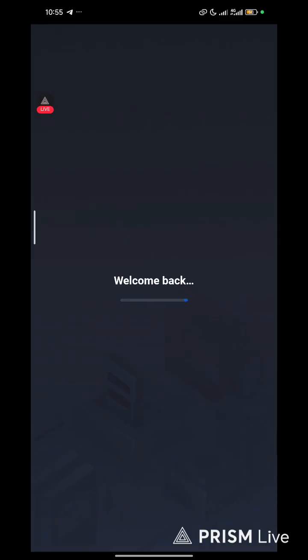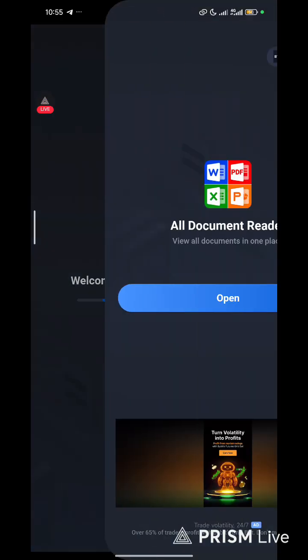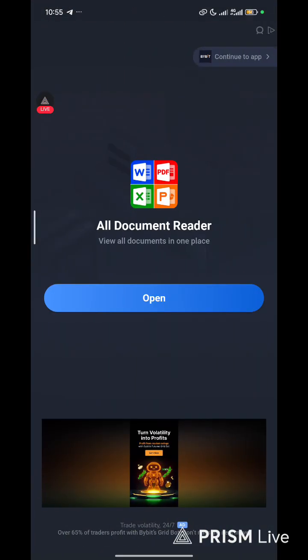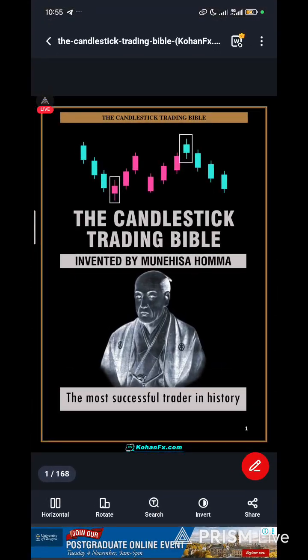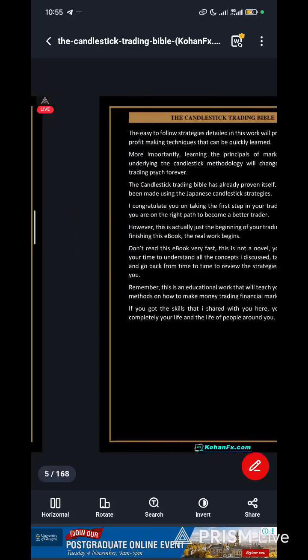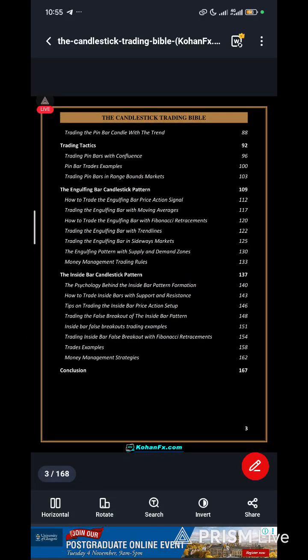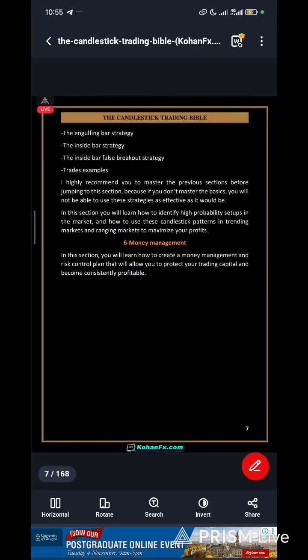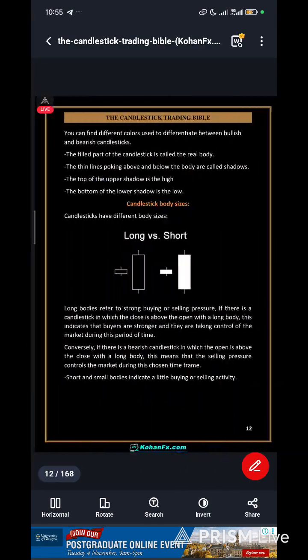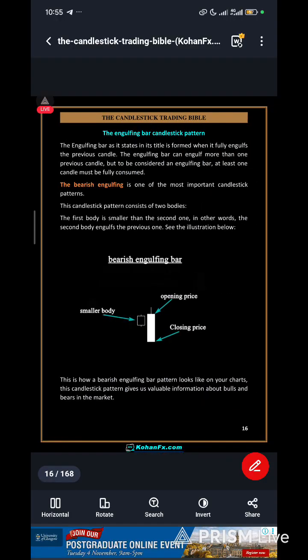Let me use the Candlestick Bible to explain it to you. I'm coming. This is it. Engulfing. That is page 16. Alright. I will explain that to you.